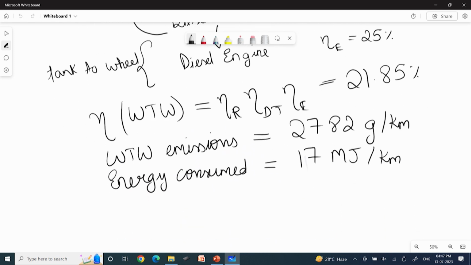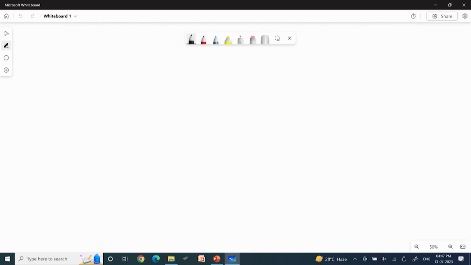Now, let us go towards the analysis of a vehicle fuel which is much in the picture, the electricity. So, we will be assuming a battery electric vehicle, where the primary source or the only source of power in that vehicle would be electricity.